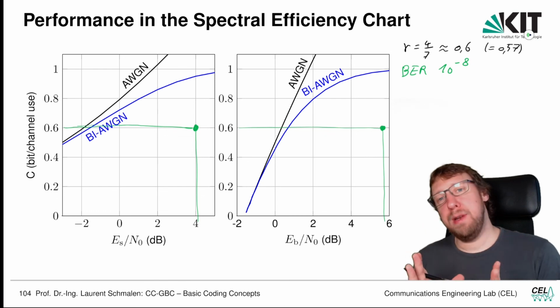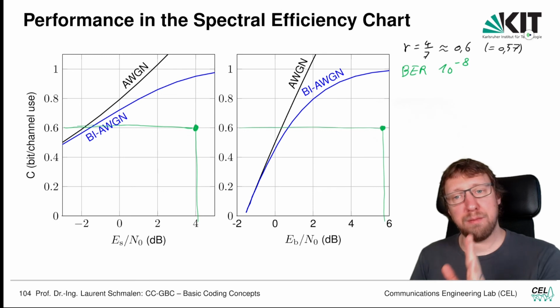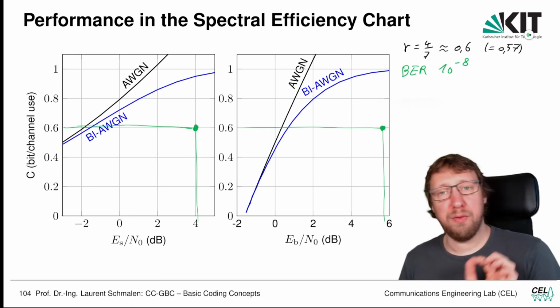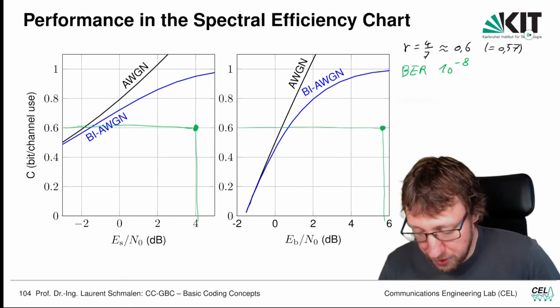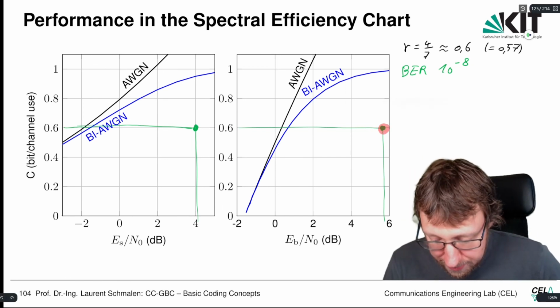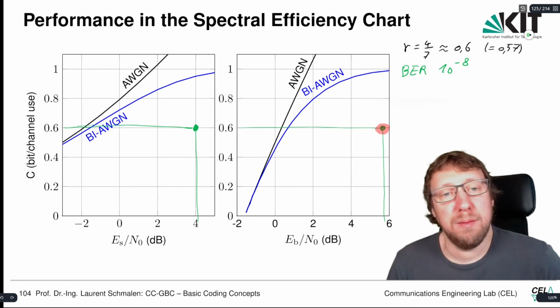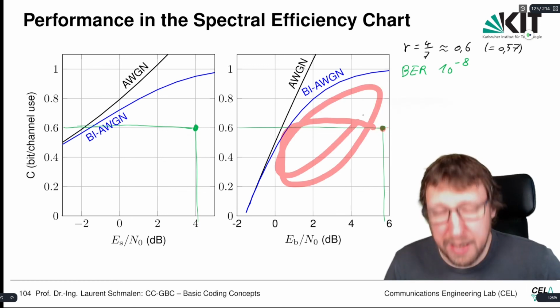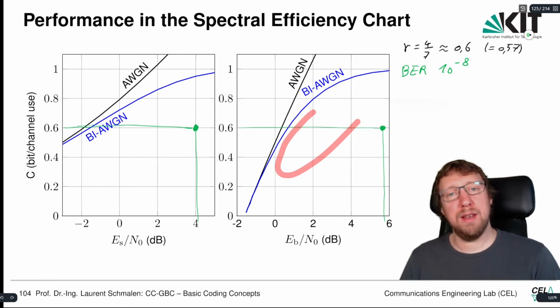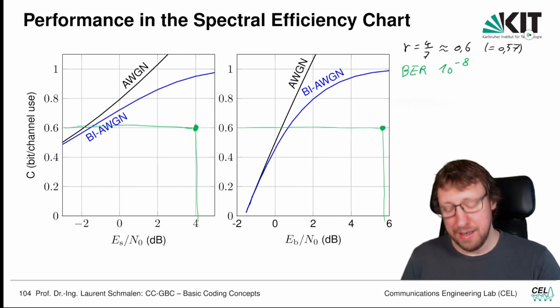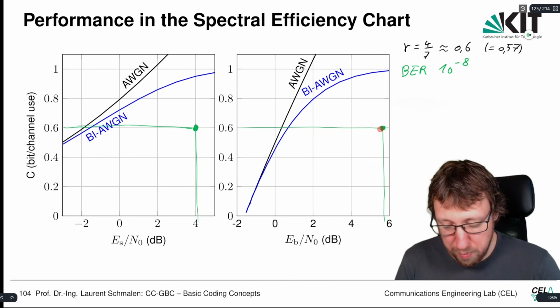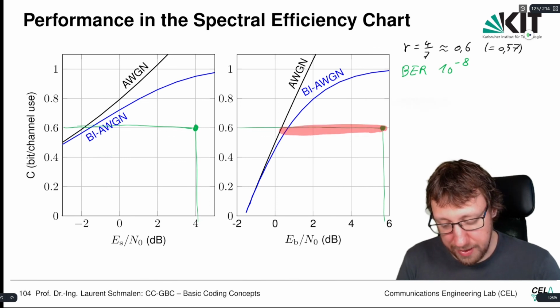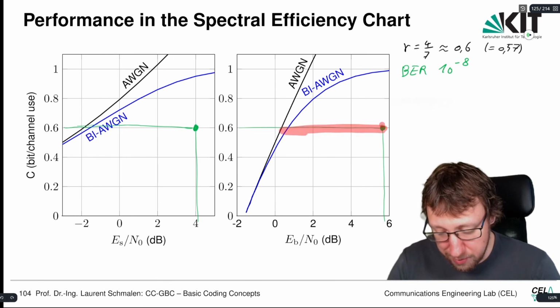So you define a target bit error rate, you have the code, you look at the performance of the code, and then you insert this performance in this spectral efficiency chart. And we have an operating point here, and we can see that there is a pretty big gap between the capacity and this operating point, both in terms of Eb over N0, but also in terms of rate or capacity.